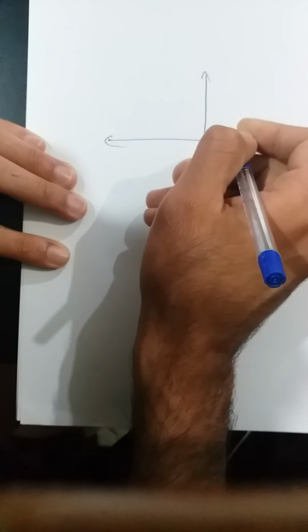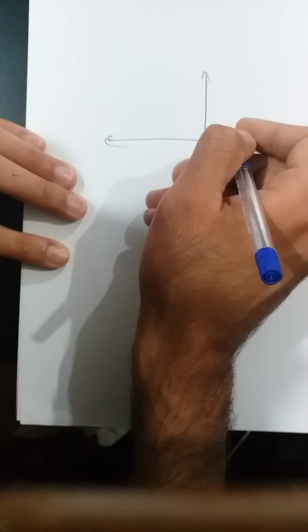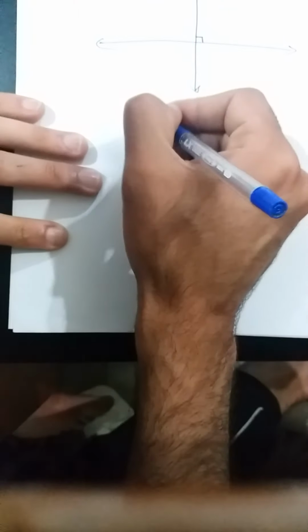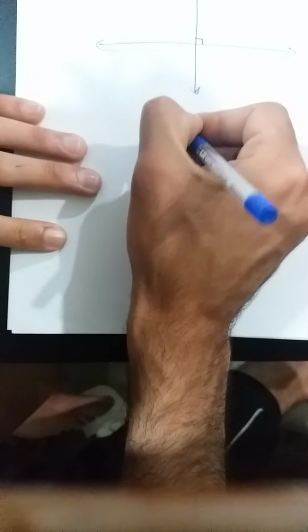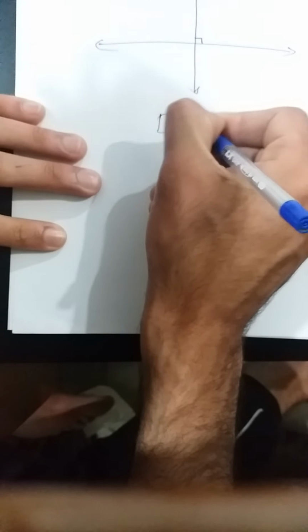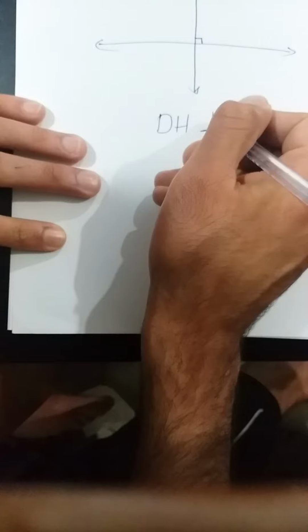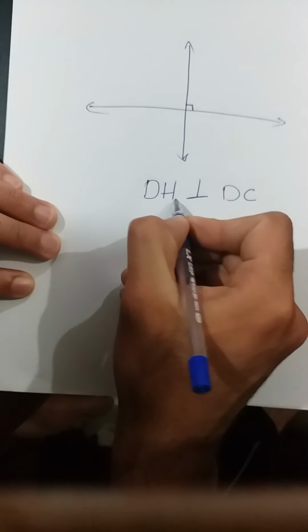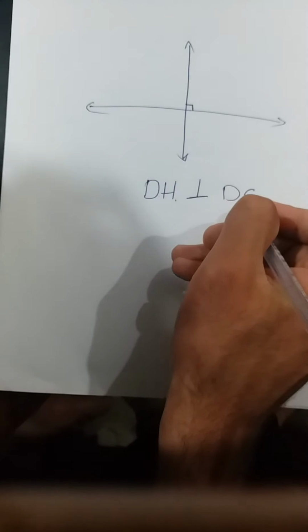Okay, I'm going to look up and see, and I found DH is perpendicular to DC.